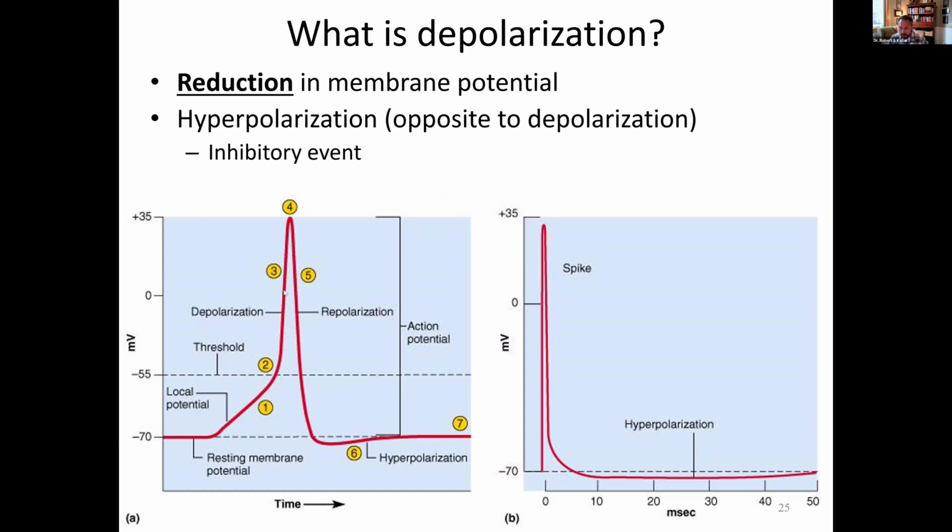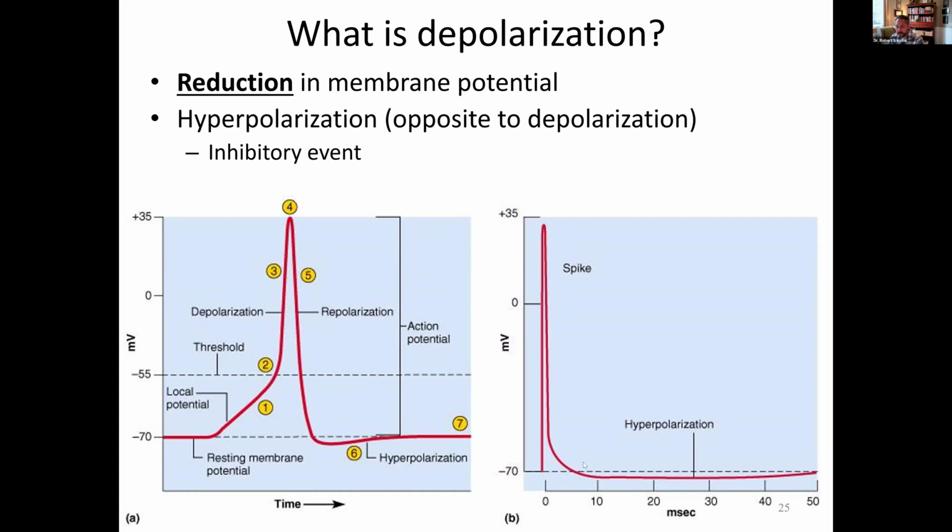So this classic signature is an electrical graph of what's happening at the membrane from minus 70 past threshold to positive 35, repolarize, back past 0, past minus 55, overshoot minus 70, and then you reestablish resting membrane potential in step 7.